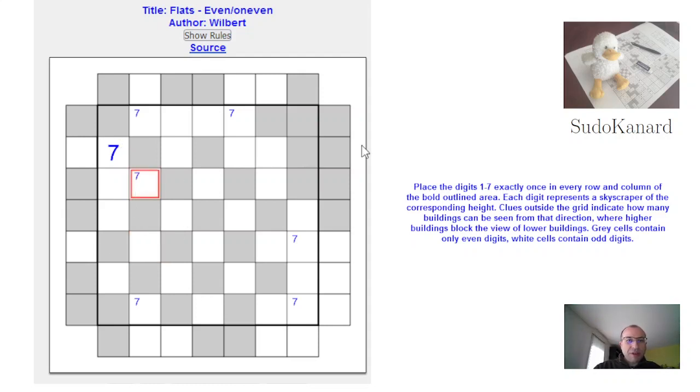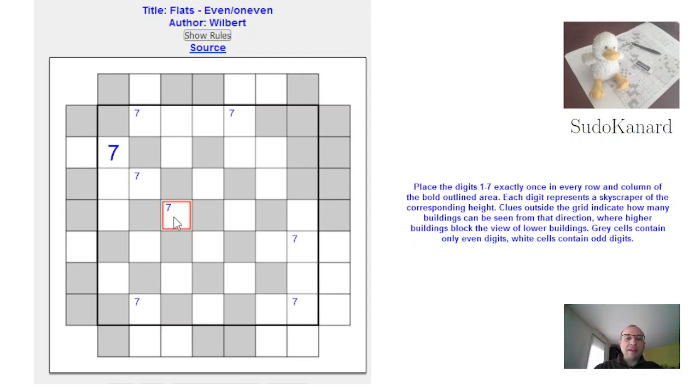Perhaps I should just have a look at all unshaded cells and see whether 7 goes there or not. Well, in this column anyway, 7 here wouldn't work because it would put a 2 here, which is not odd. In this column, 7 is nowhere, it's not here because that's even, it's not here because of that. 7 could definitely be here, and it could not be here because that would be a 2.